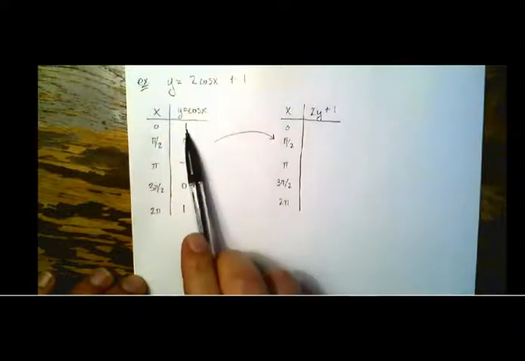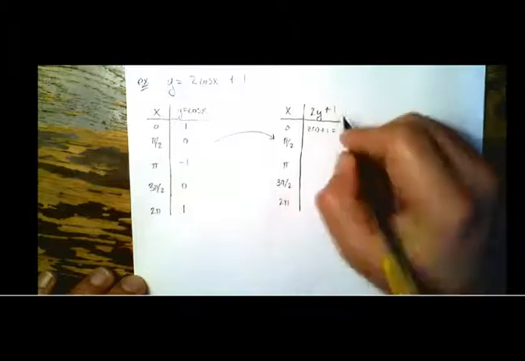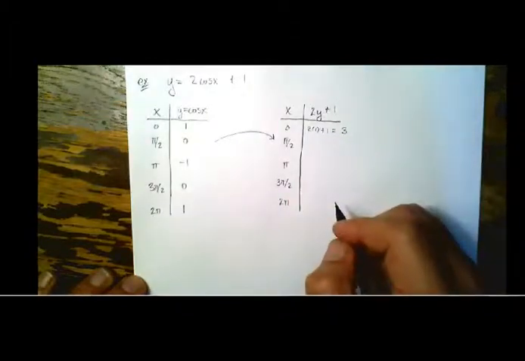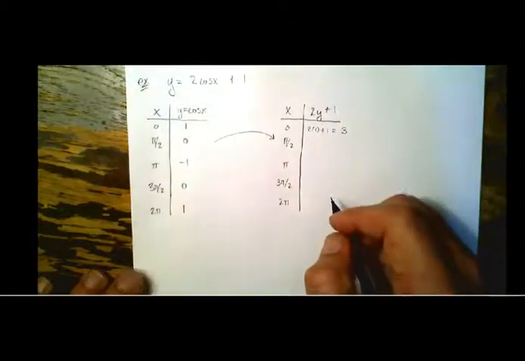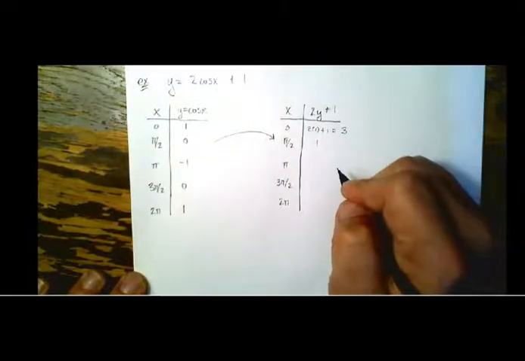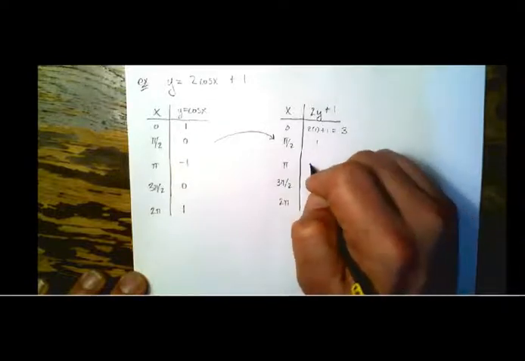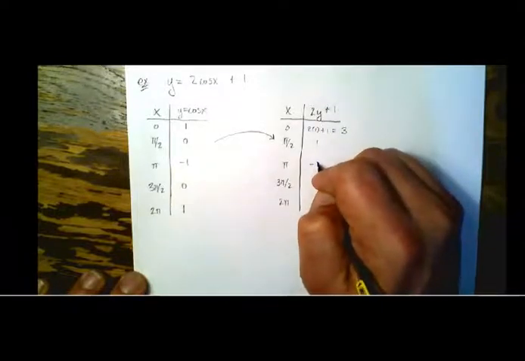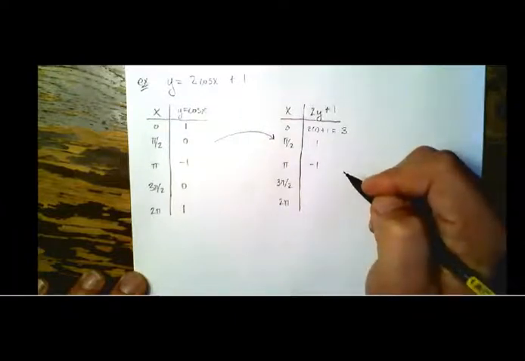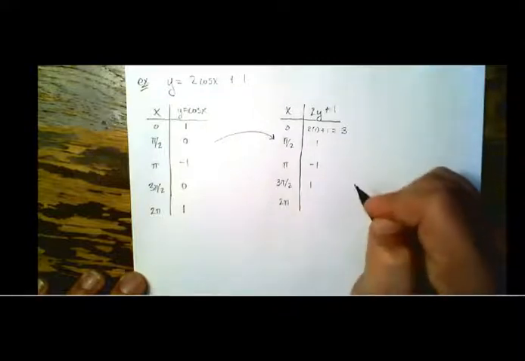So 2 times 1 is 2, plus 1 would give us 3. Pi over 2, so 2 times 0 is 0, plus 1 is 1. 2 times negative 1 is negative 2, plus 1 is negative 1. 0 times 2 is 0, plus 1 is 1.